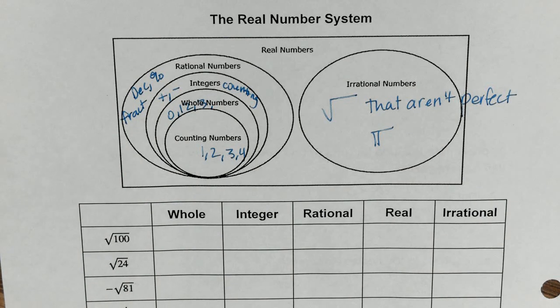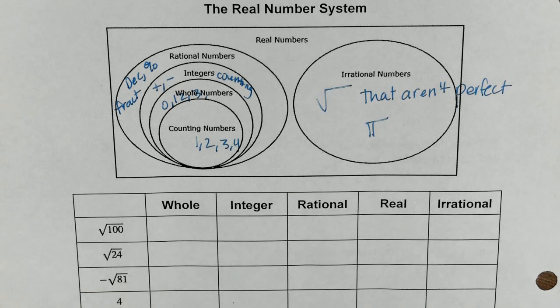Yep. Y'all know how a Venn diagram works? A Venn diagram means, y'all see how counting is inside of whole? That means counting numbers are whole numbers. Counting numbers are integers, because isn't 1, 2, 3, 4 an integer? Yes.